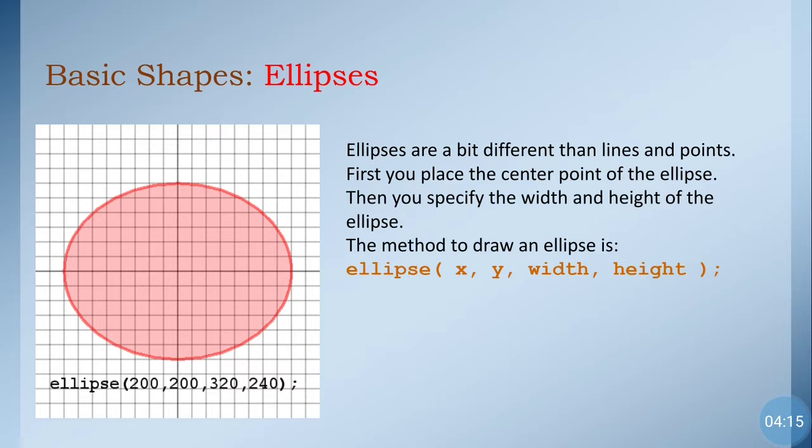The method to draw an ellipse is ellipse(x, y, width, height). The x and y arguments are the location of the center of the ellipse. The width and height arguments are how wide and tall the ellipse will be around the center.